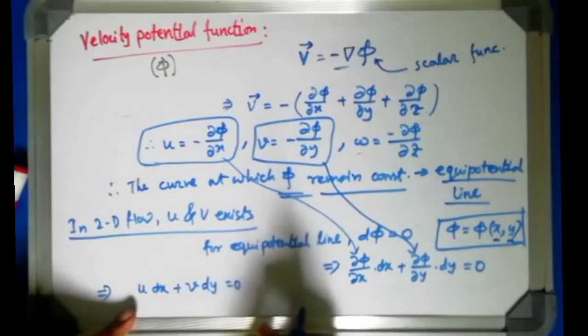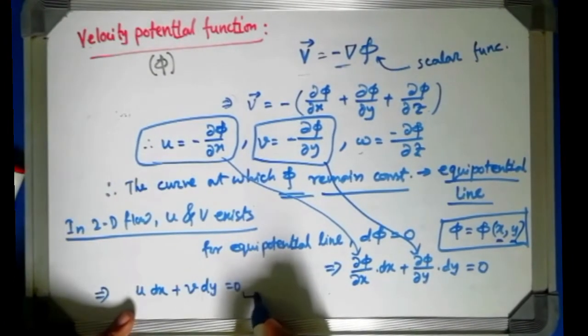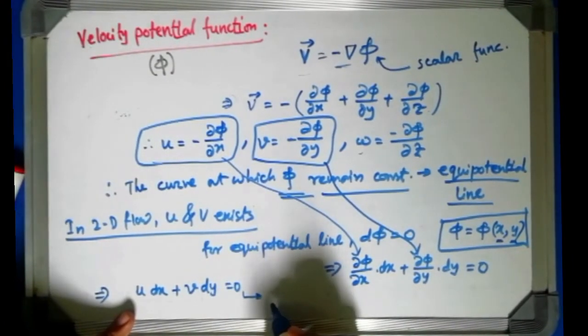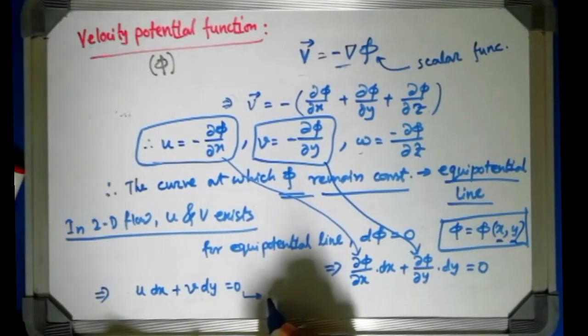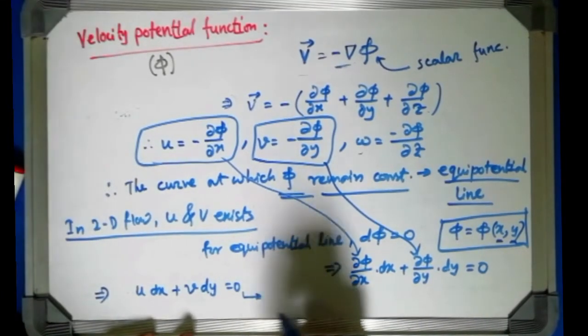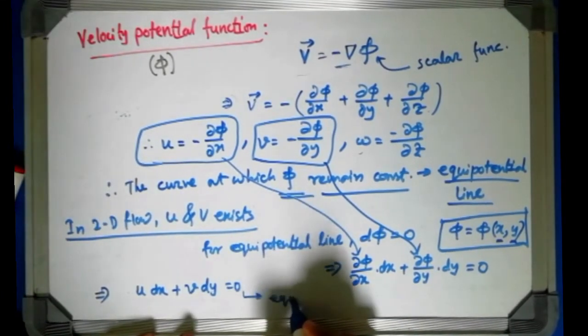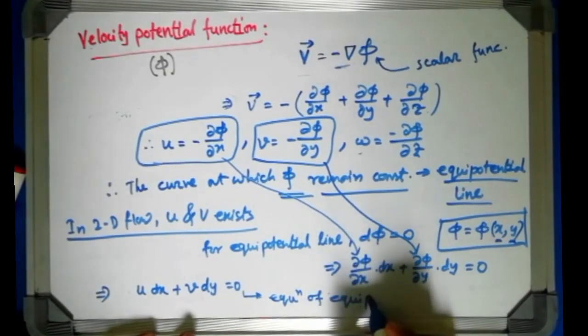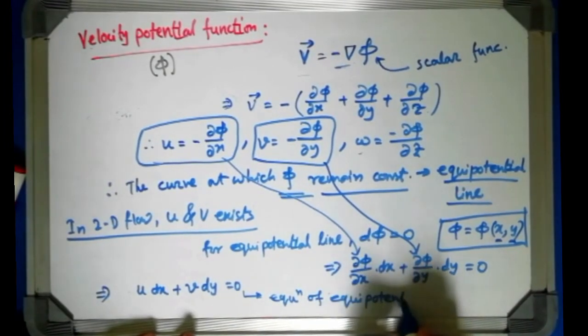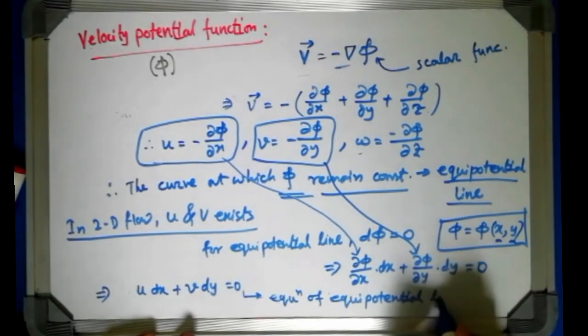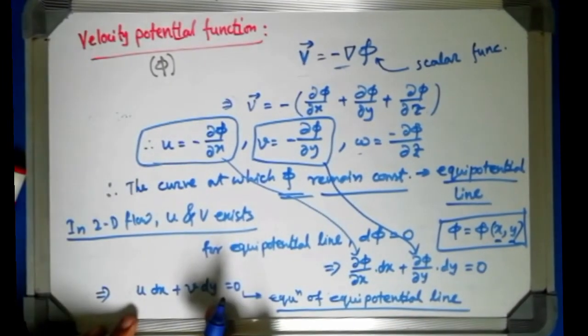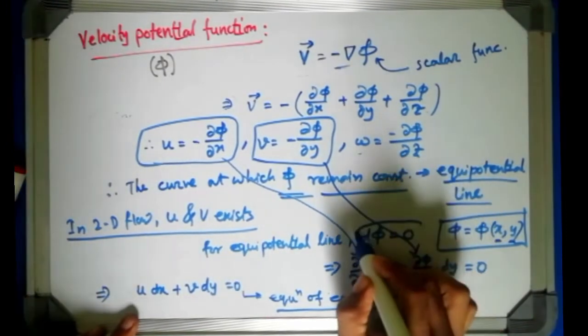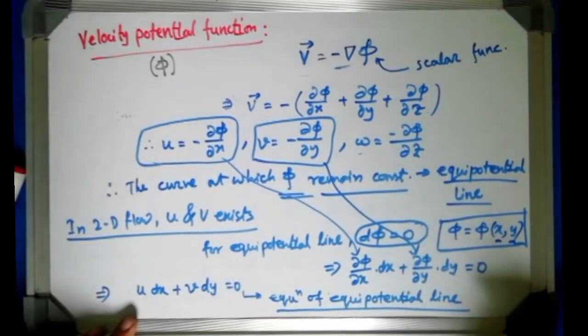Now see this equation, I think you can realize it is the equation of the equipotential line, because this equation is generated with this particular condition that d phi equals 0.